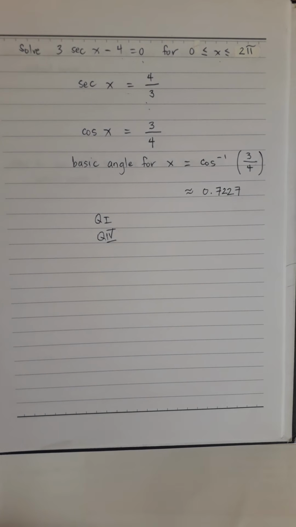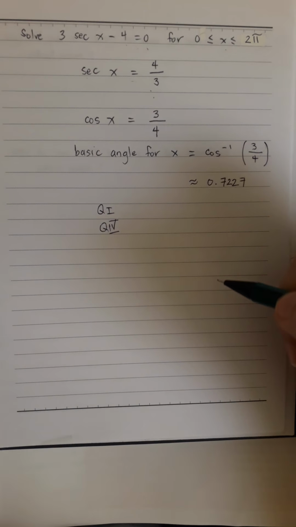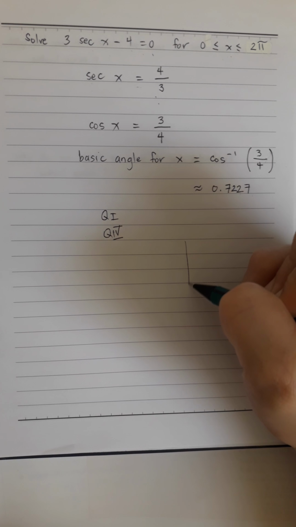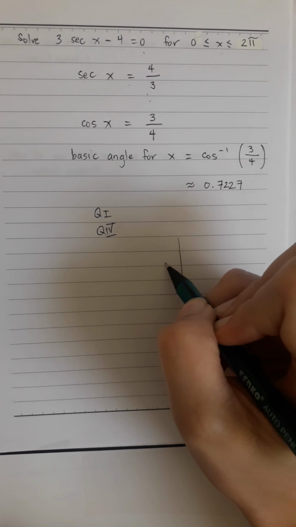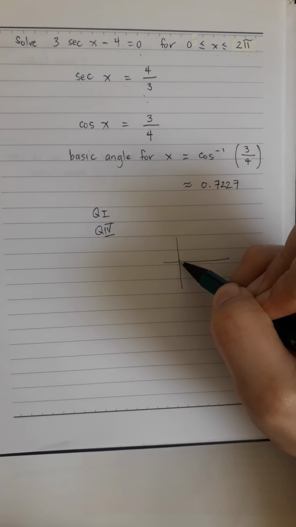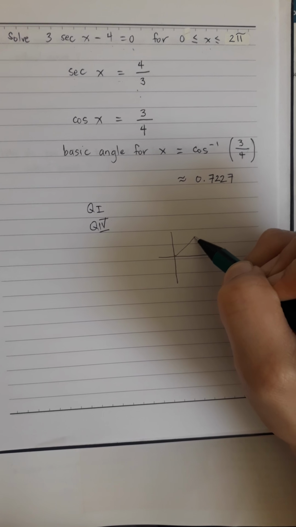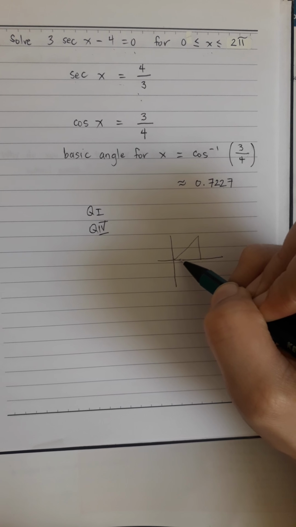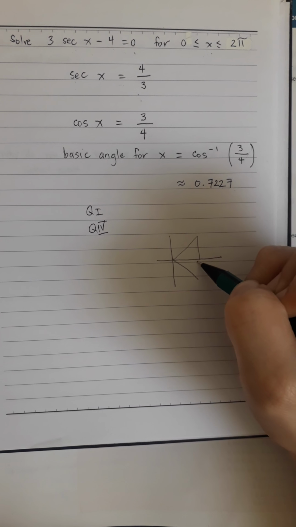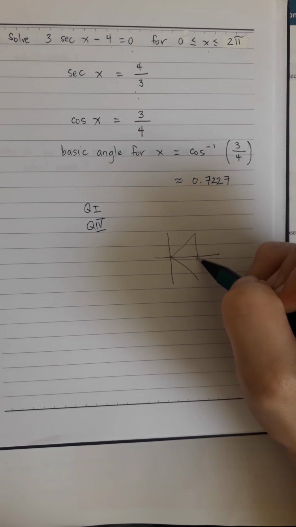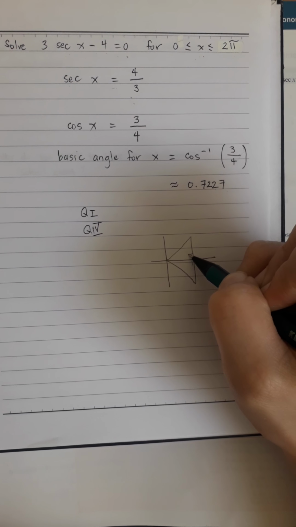Okay. It's easier if we draw the coordinate plane for quadrants 1 and 4. So we will be using this right angled triangle from quadrant 1 and this right angled triangle from quadrant 4.